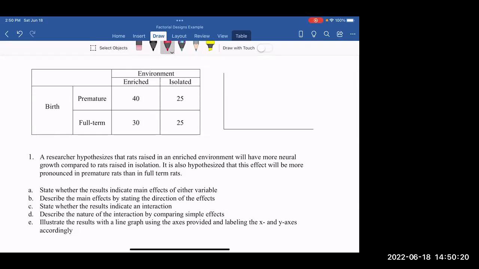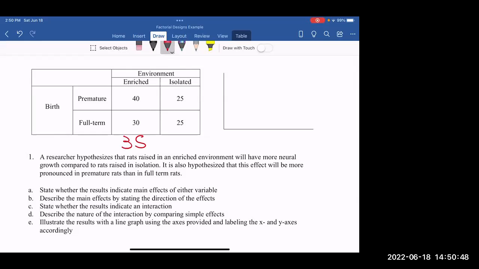If we take an average of these two values, 40 and 30, we would get 70. And we would divide by the number of values, which is 2, and that would give us a mean neural growth of 35 in the enriched condition. And we would do the same thing for isolated.